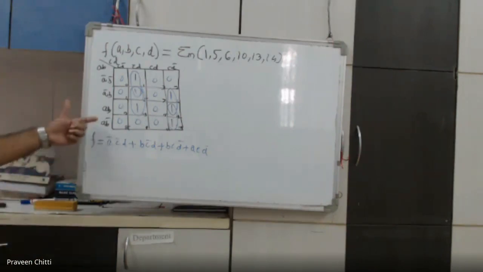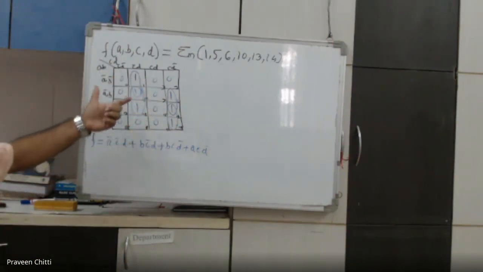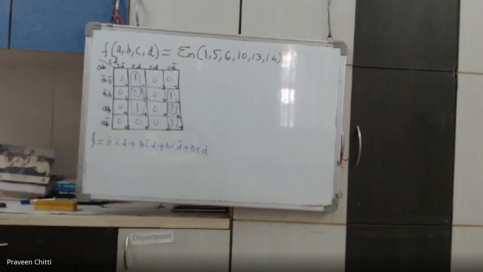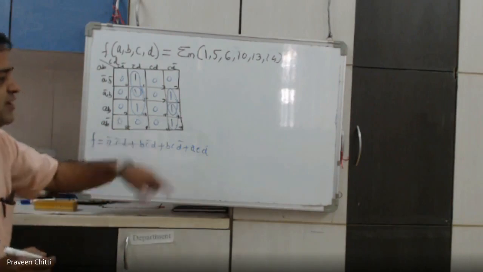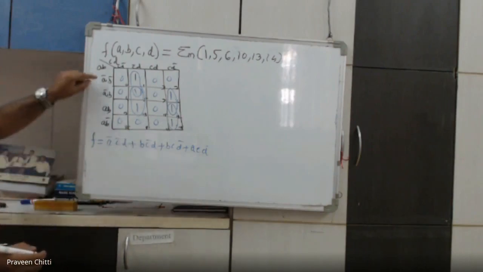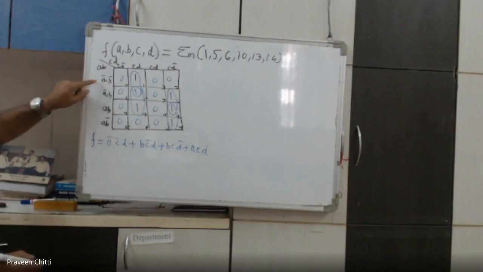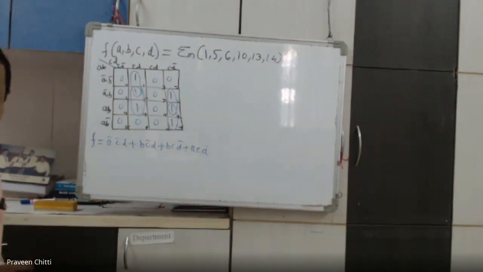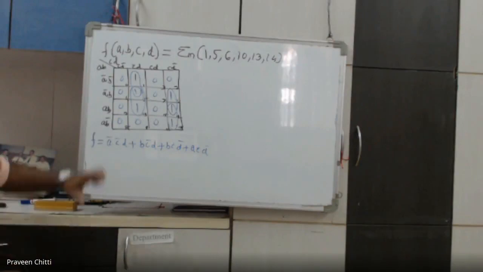But I have already written the expression in SOP form, and the K-map is also done for SOP. Instead of redrawing the K-map and converting terms like A bar B bar to A plus B, then A plus B bar and so on, I will tell you an alternate method of getting the POS expression from the same K-map.